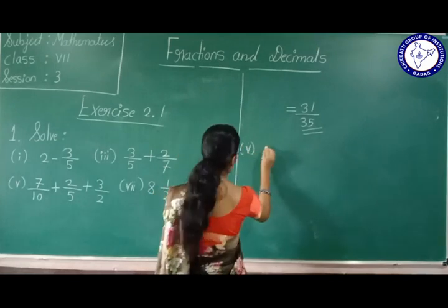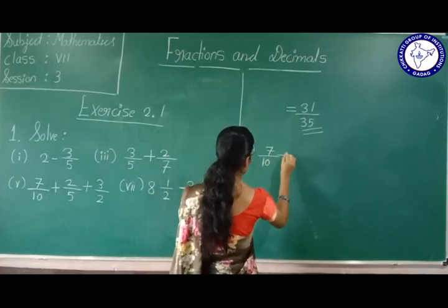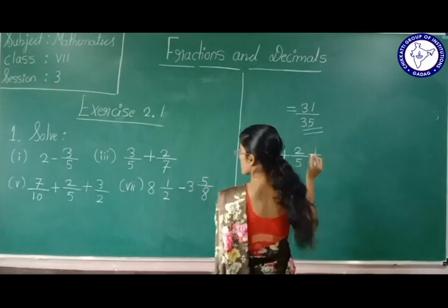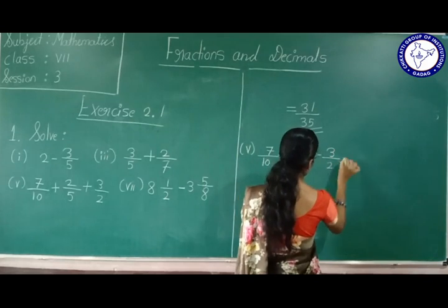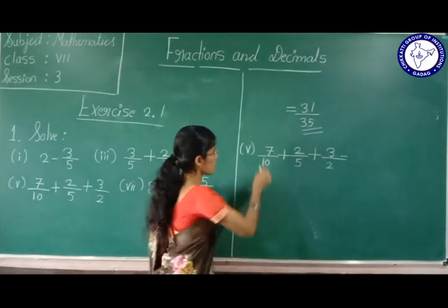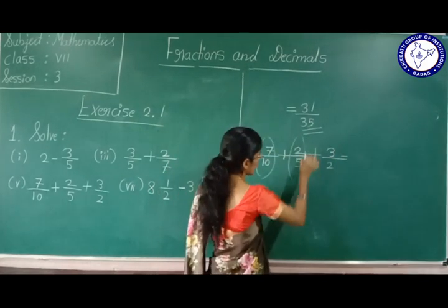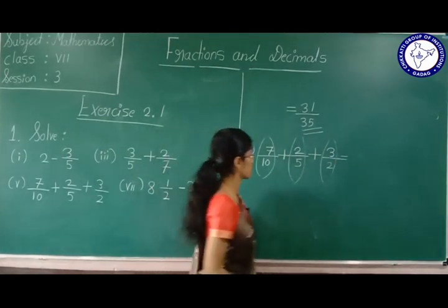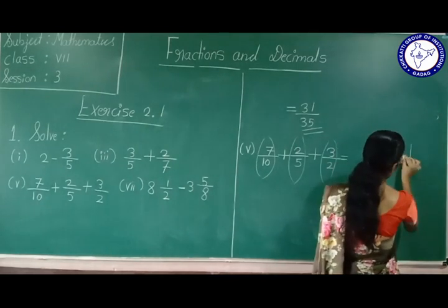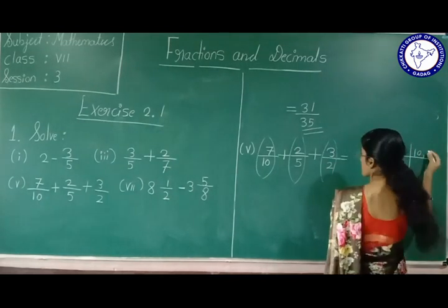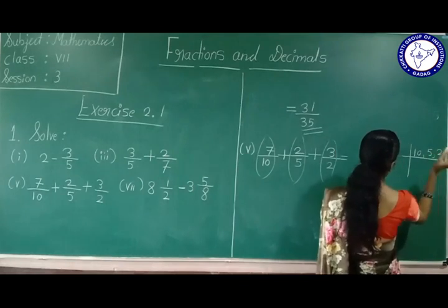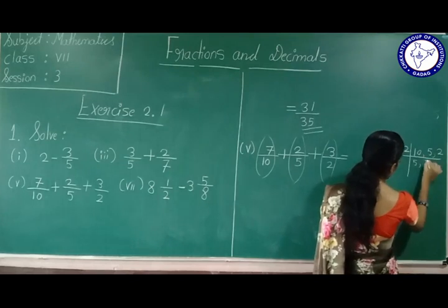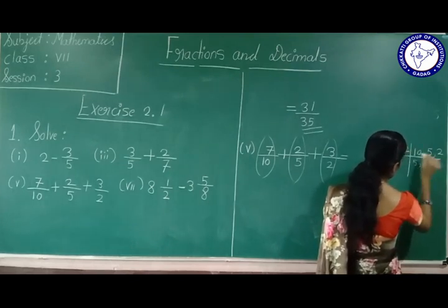7 by 10 plus 2 by 5 plus 3 by 2. See, these all are what? Unlike fractions. First we will convert into like fractions. Take the LCM of 10, 5, 2. 2 5s are 10. 5 will keep as it is. 2 1s are 2.